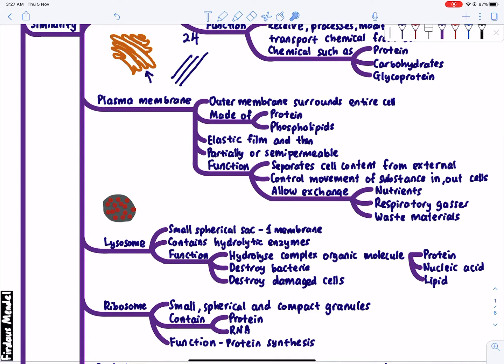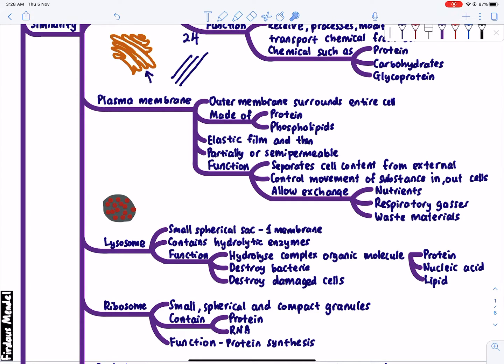That's why we call it a partially or semi-permeable membrane. Some substances can easily go in and out of the cell based on the concentration gradient, the concentration of that particular substance helping them move. But some substances cannot easily enter or leave the cell.